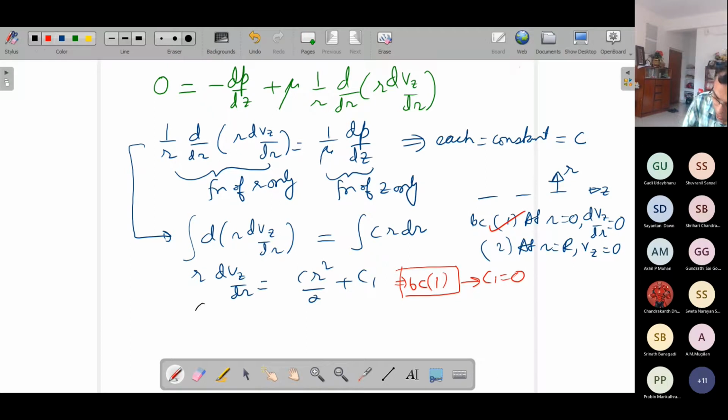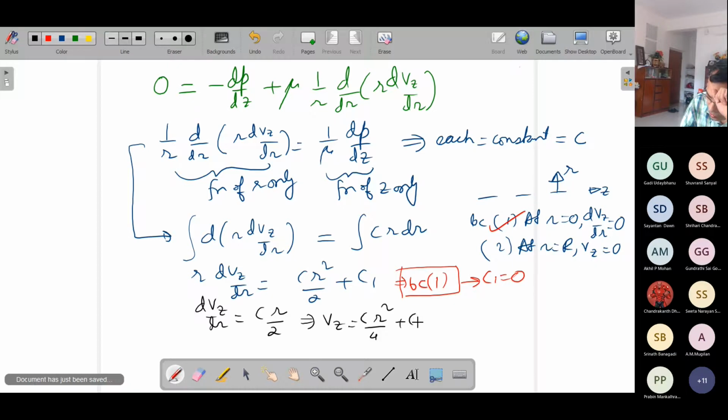So you have dvz dr is equal to cr by 2. That means vz is equal to cr square by 4 plus c2. Now you can apply the boundary condition number 2, this one. So at small r equal to capital R, you have this equal to 0.